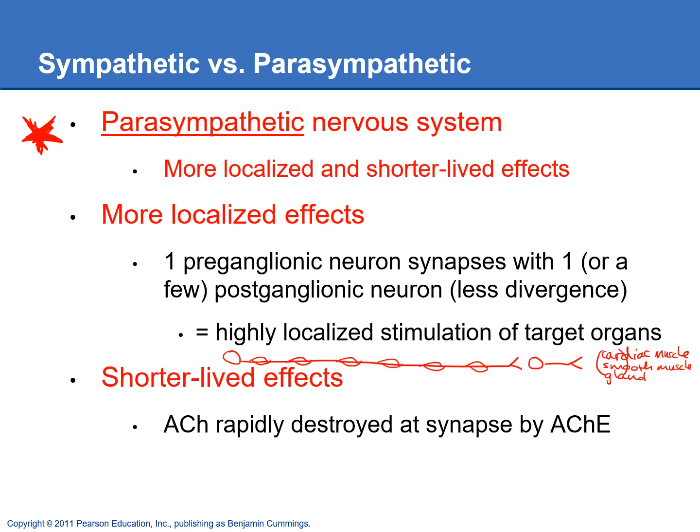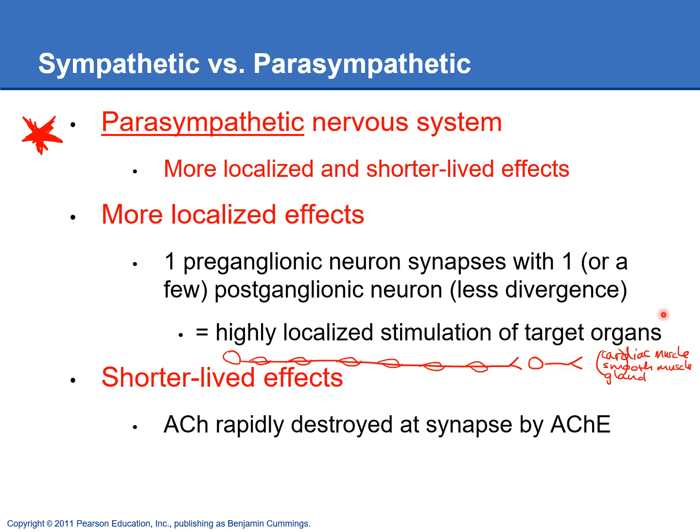The reason we have more localized effects and don't have these widespread effects is that we have a lot less divergence, and that's again because of the anatomy. So remember that we talked about how the preganglionic parasympathetic neuron is really long, and the postganglionic parasympathetic neuron is really short. So this preganglionic neuron is going to travel to just about the target organ and then synapse pretty close to that target organ.